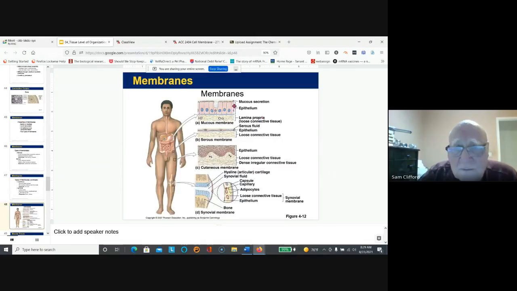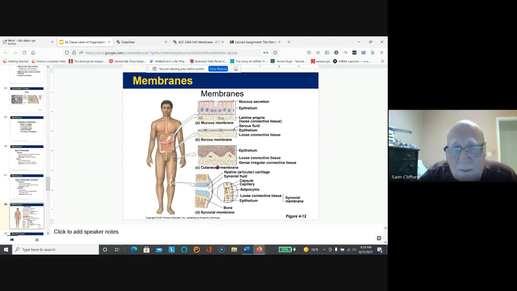So there's mucous membranes lining your digestive tract and respiratory tract, parts of it. The serous membrane, which lines the body cavities, such as the peritoneal cavity, which is the abdominal pelvic cavity. It lines your pleural cavity, lines your pericardial cavity.